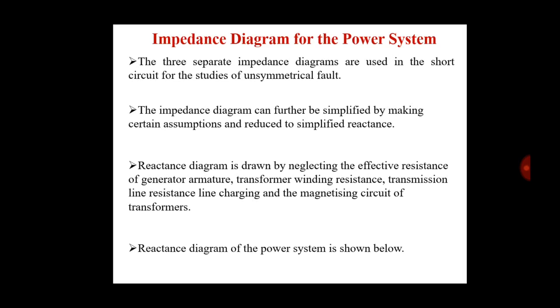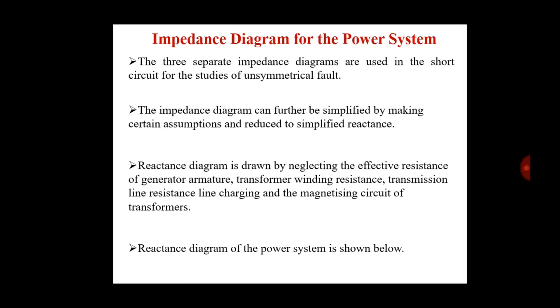The impedance diagram can further be simplified by making certain assumptions, and it is reduced to a simplified reactance diagram. Okay, the single line diagram is simplified to the impedance diagram, and the impedance diagram is simplified to the reactance diagram.